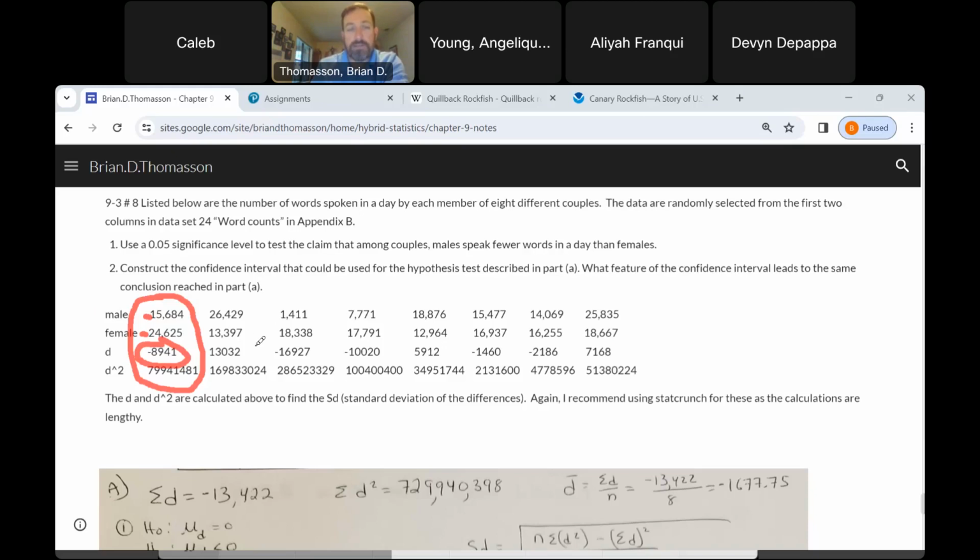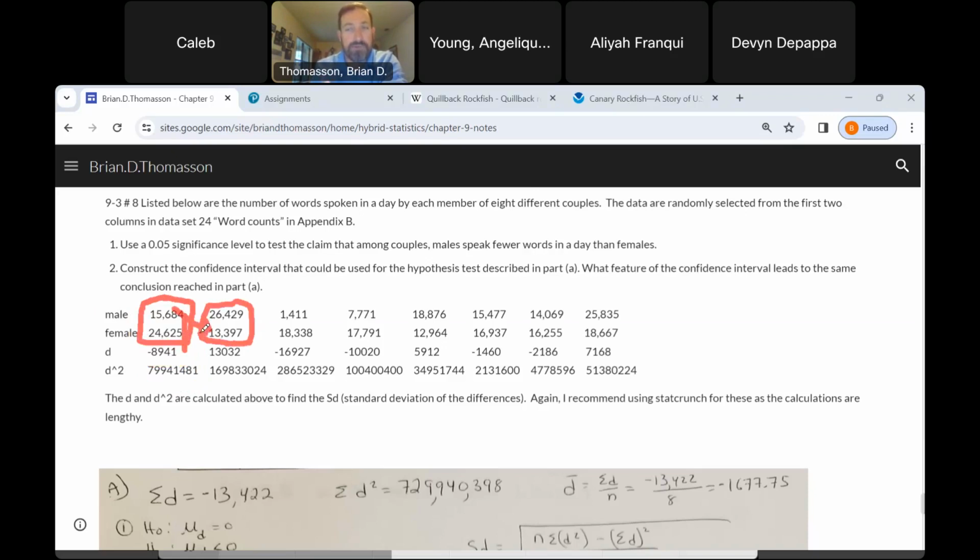And the reason why this is paired is we're talking about couples. So in this first couple, this male and female are paired, and they talk to each other, they know each other, and we have the second group, that is a couple, and so forth. We wouldn't want to compare the number of words spoken in this couple by the male to the female in this group.